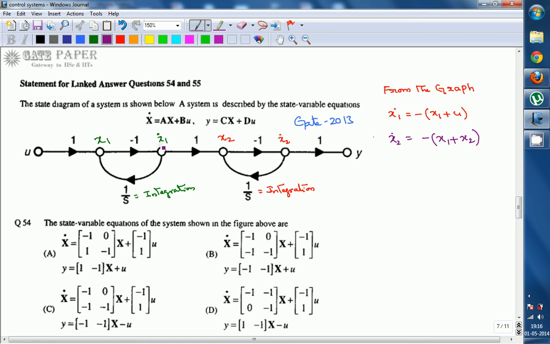Here x1 dot is added to x2, so x1 dot plus x2 is multiplied with minus 1.